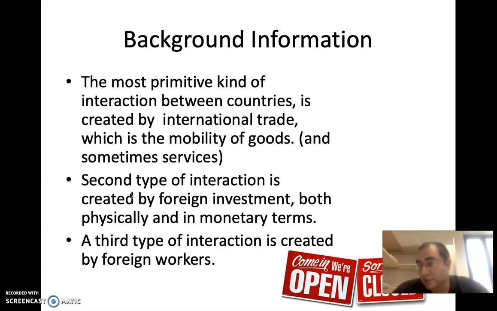This means actually that foreign countries are making investments in other countries. One type of investment is direct investment, in which you go to the country and open a factory, a hotel, a restaurant, even basically a bureau. Even that can be counted as a direct investment by itself.